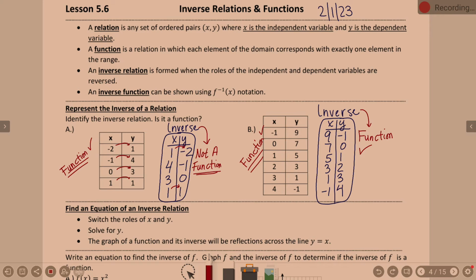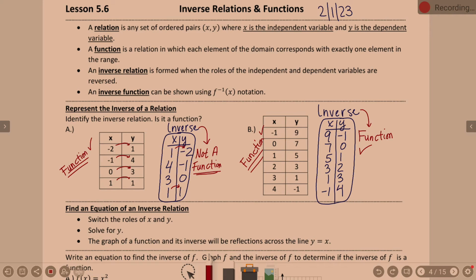Just like when we were finding the inverse up here, we were taking our x values and our y values and switching them, right? In an equation situation, in order to find the inverse of an equation, you're going to switch the roles of x and y. The key then will be solving for y, so we can put it in a typical equation form.